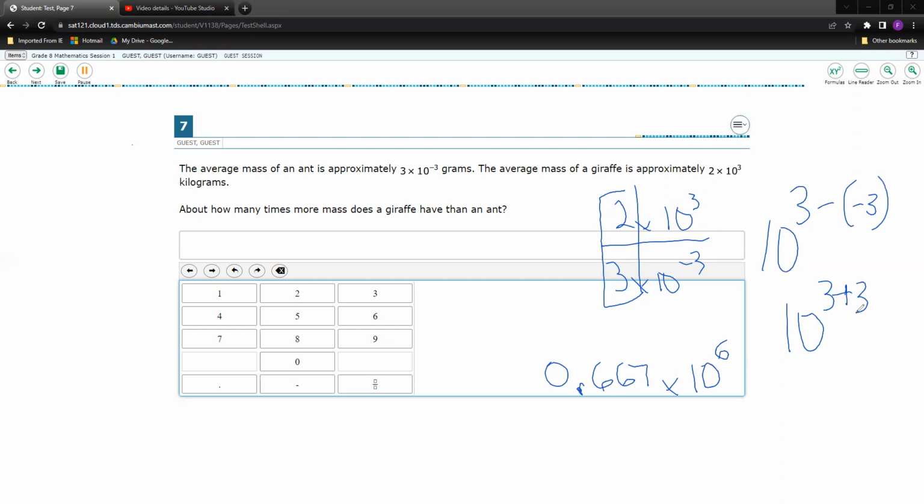As we know, we need to move the decimal point to the right 6 times. So if we have 0.667, this point needs to move 1, 2, 3, and 3 other times filled with zeros.